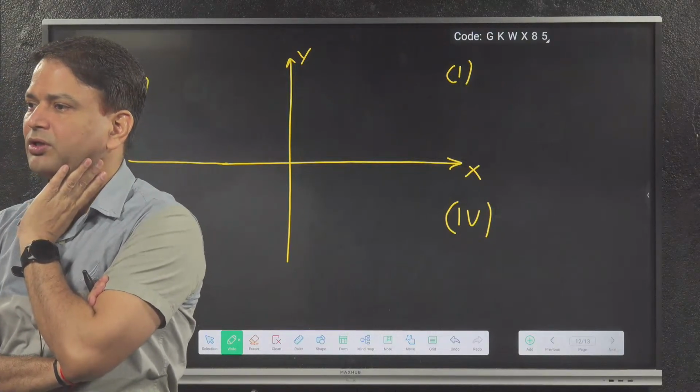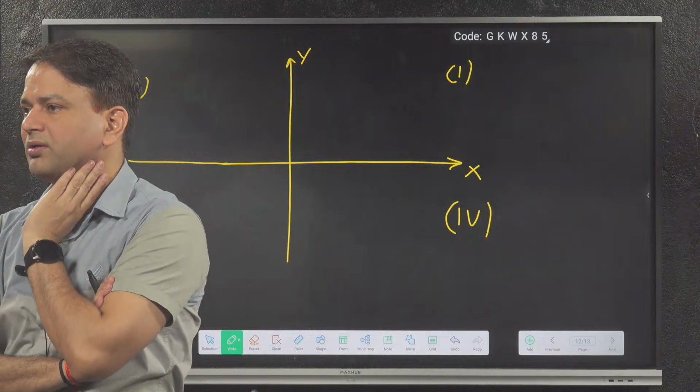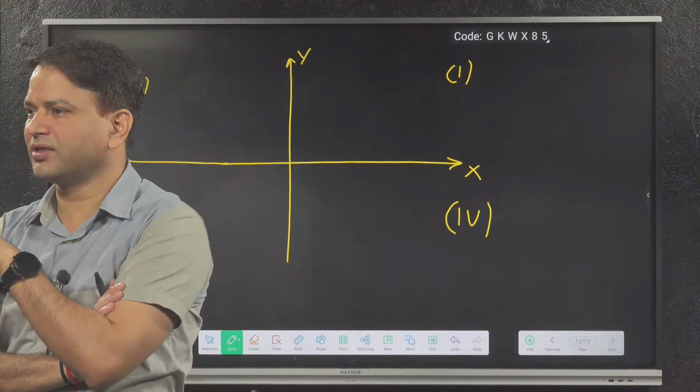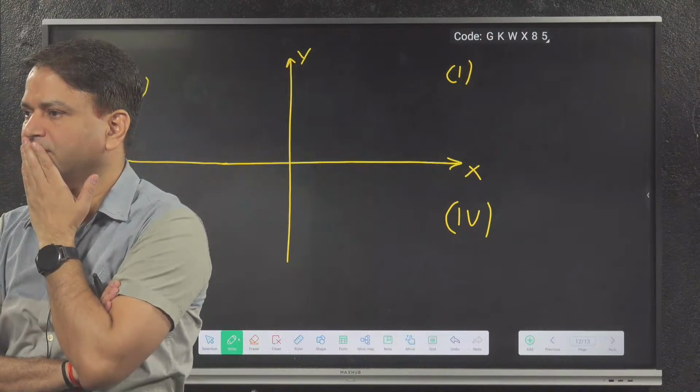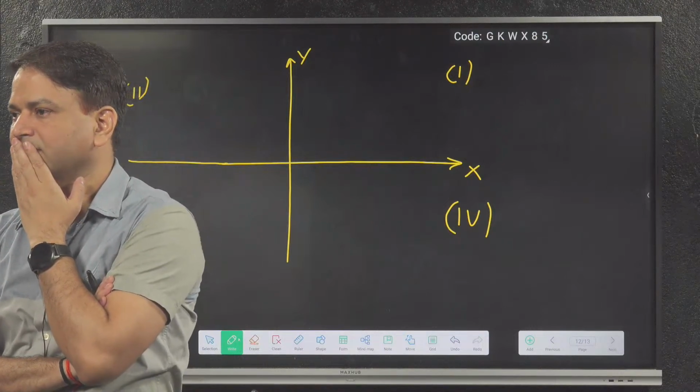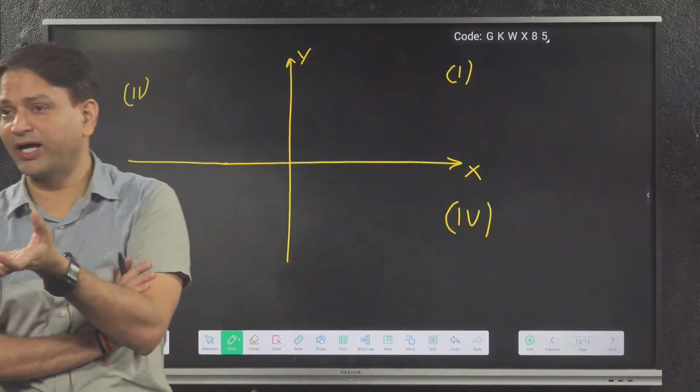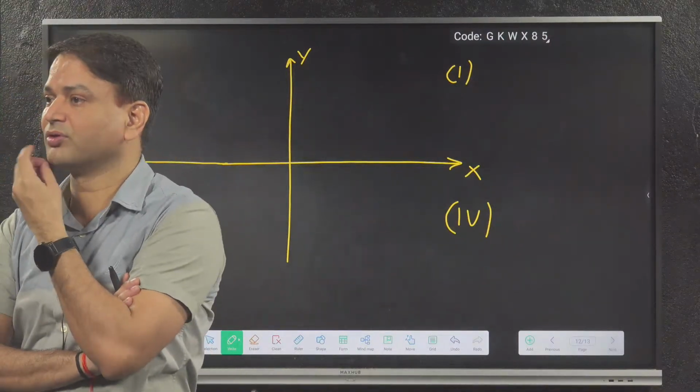Cos theta is not equal to theta when theta is small, because cos 0 is equal to 1. So when the angle is small, cos 0 is equal to 0? No, cos 0 is equal to 1.